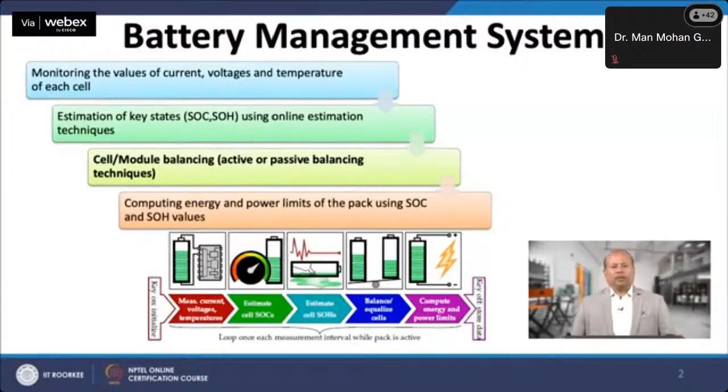However, in this lecture our contributions are confined to the demonstration of cell balancing techniques only. A detailed description of other functions is provided in the previous BMS lecture. Generally, the health of the lithium ion batteries will be degraded after some cycles of usage.